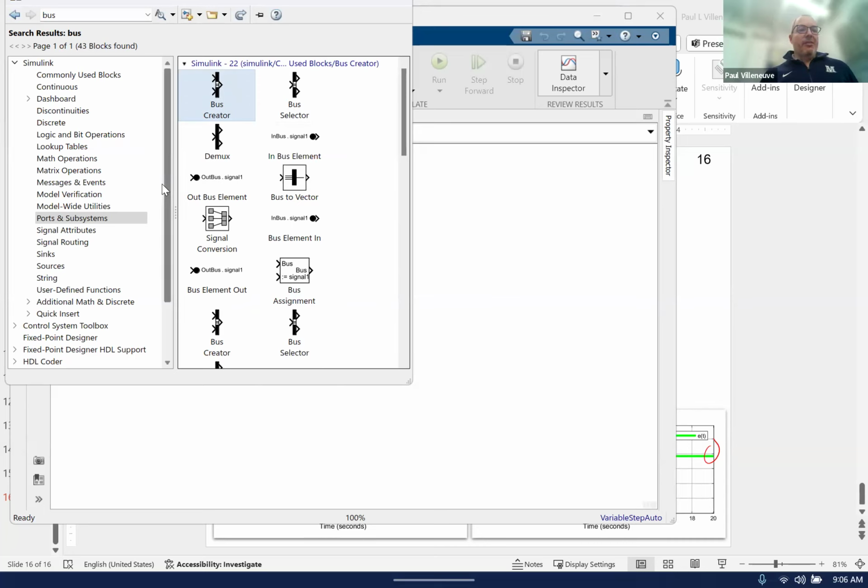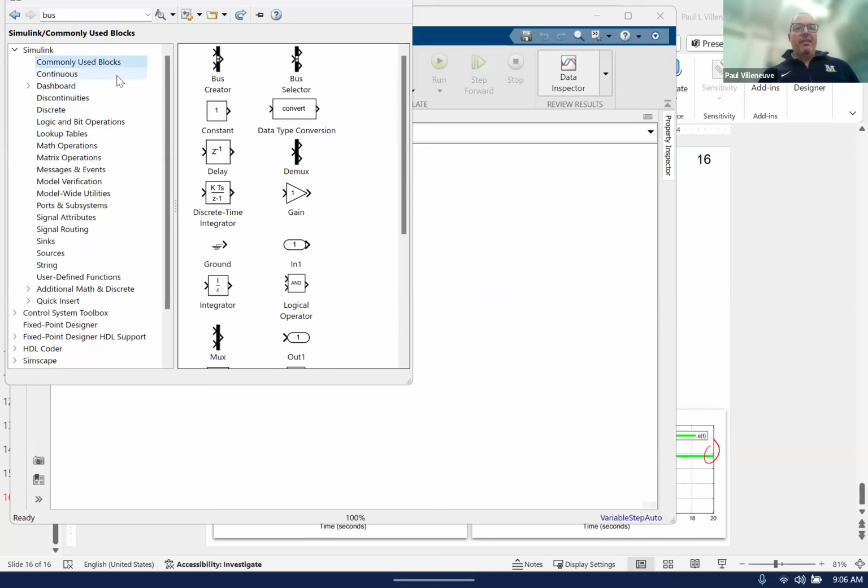This says it's bus creator, but I wonder if it's in, here we go. Under commonly used blocks. Actually, I think the better one would be a multiplexer. Mux is a multiplexer where you just take the two signals and combine them into one, so you can see the two waveforms.